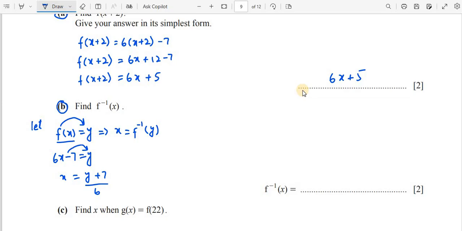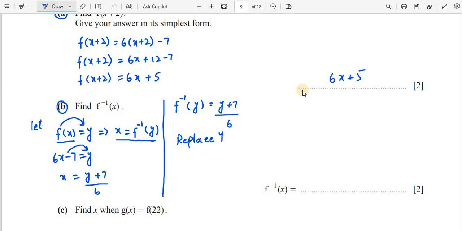So x is equal to f inverse of y. f inverse of y is equal to y plus 7 over 6. Replace y with x.